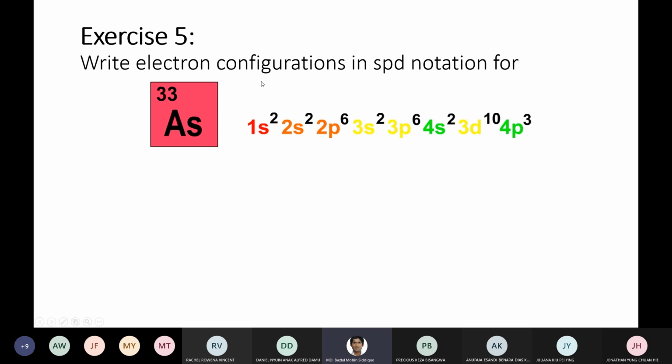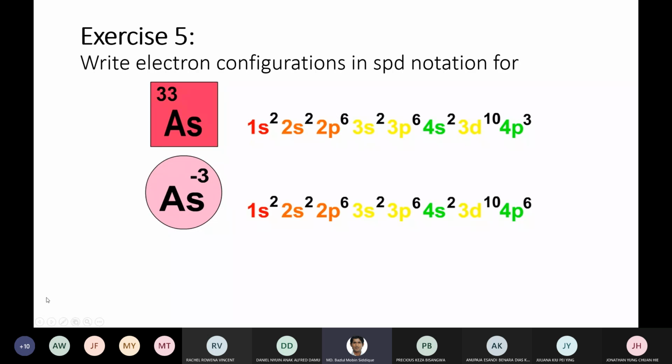Okay, so write the electronic configuration in SPD notation here, and then we can see that arsenic produces a 3 negative ion. It means that it has taken 3 more electrons, and thus it formed arsenic 3 negatively charged.